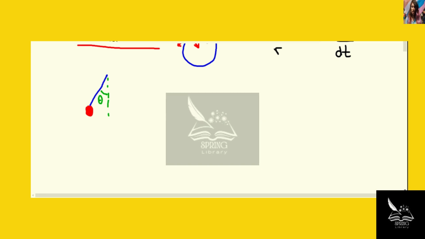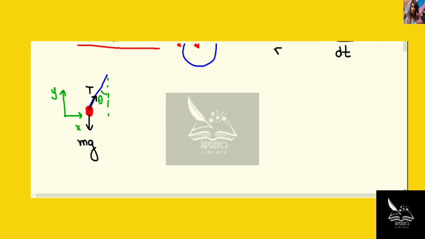The forces that act on the ball are the tension that acts in the direction of the cord, and also the gravitational force that points downwards. I'm going to decompose these forces into two components: the y component and the x component.